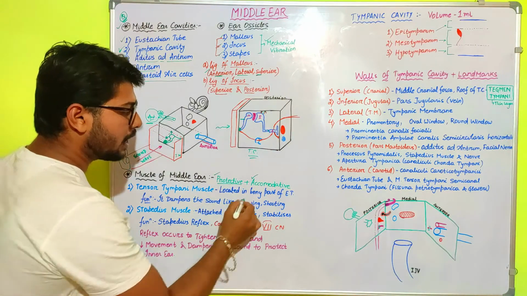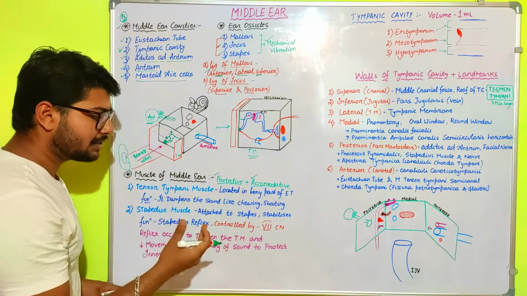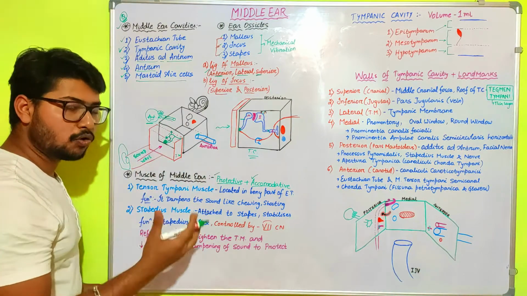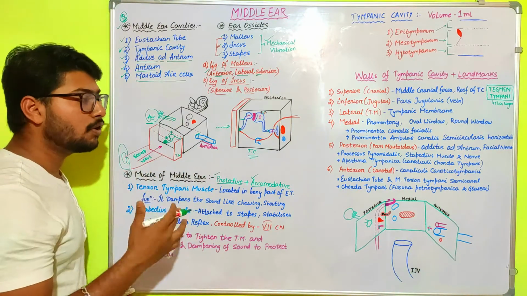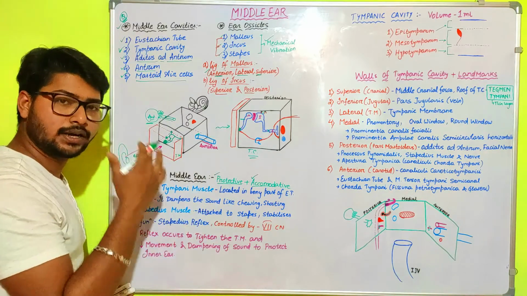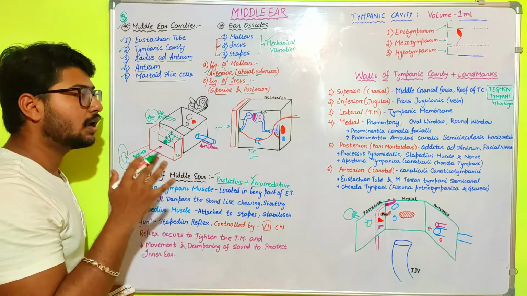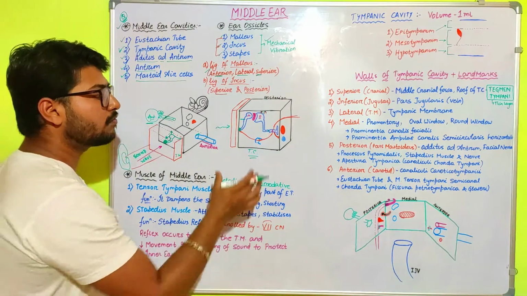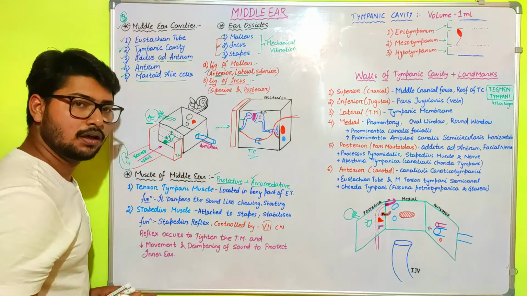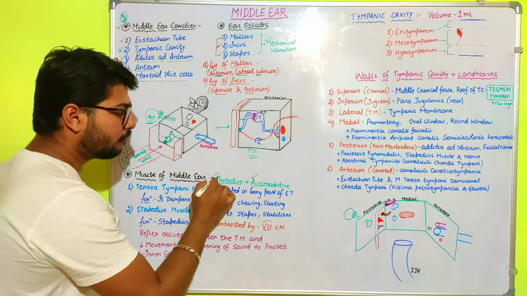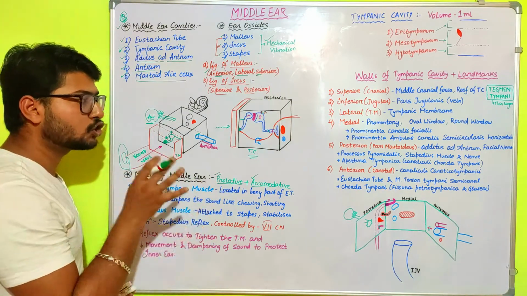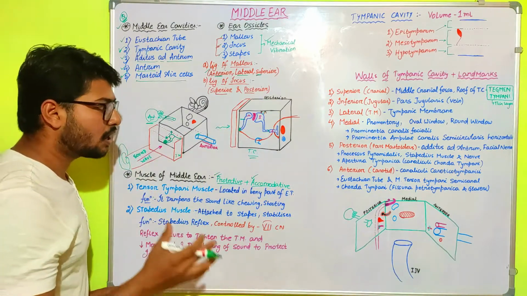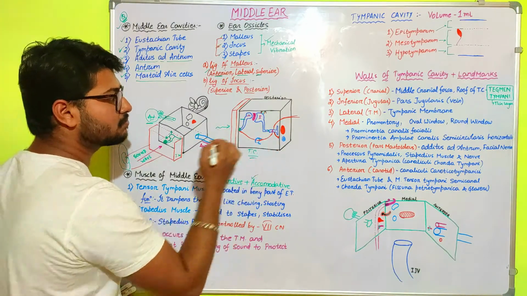Protective means, accommodative means. What do you mean by this? Protective means if the amount or the energy of the sound wave is much larger than the requirement, then we don't require that much disturbance or vibration inside the middle ear. For the protection, or to stop the excessive vibrations occurring due to large sound, we have these muscles.